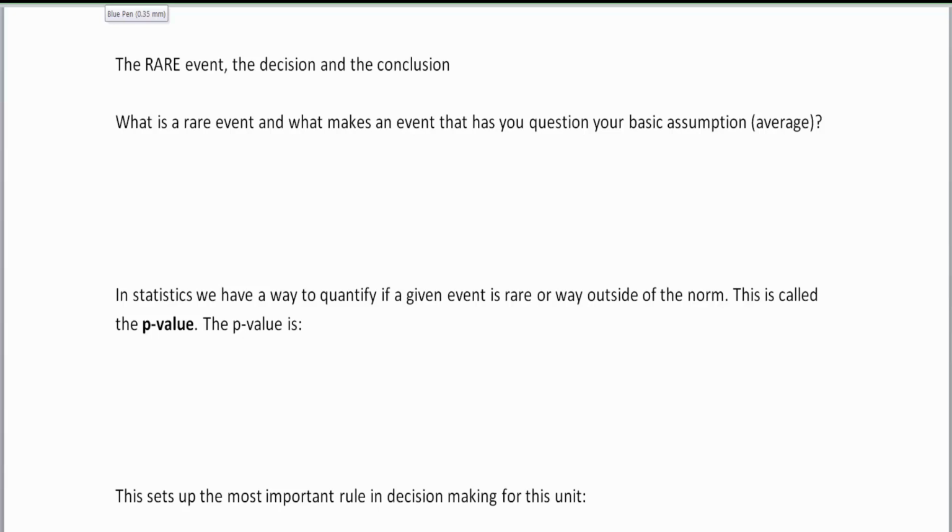So we've got to talk about what is a rare event. What makes an event have you question your basic assumption or the average or percentage that you were given in the problem?